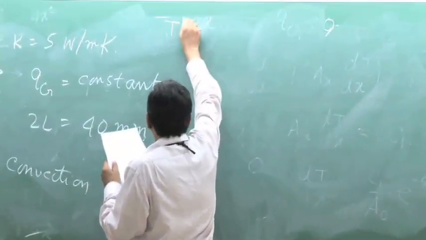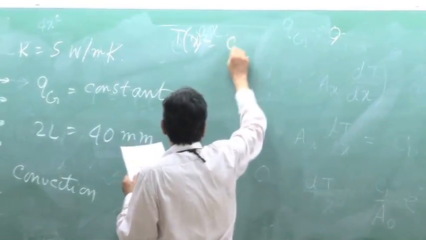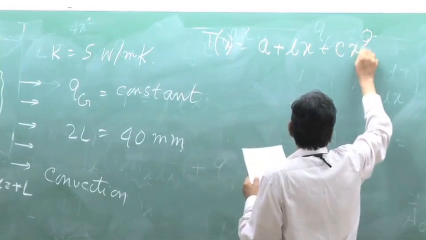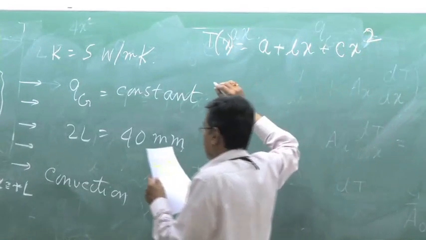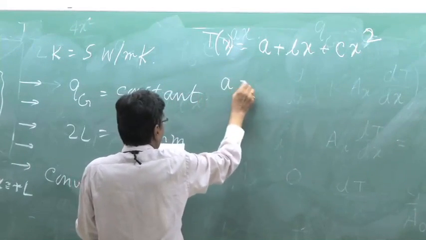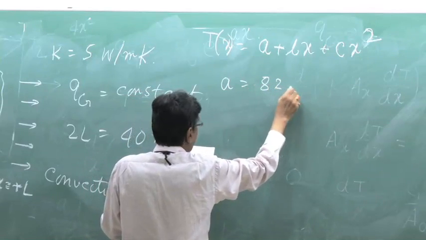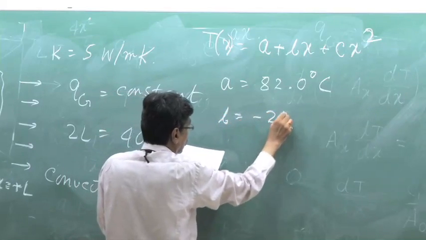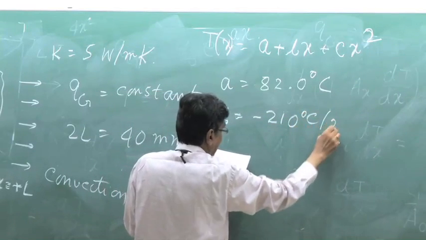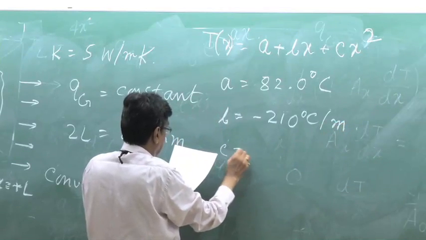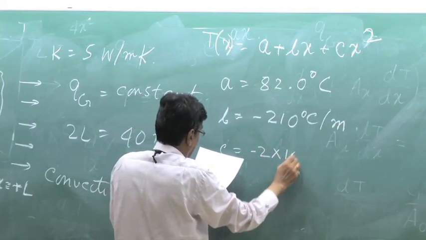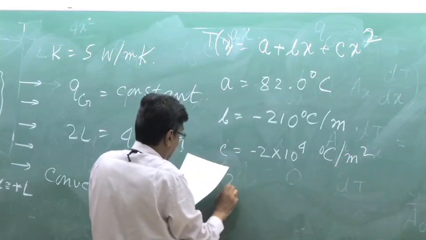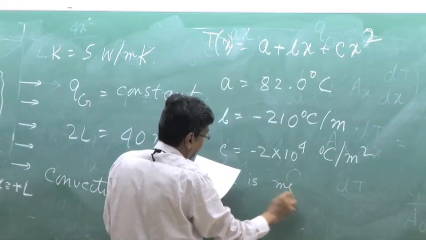The temperature distribution within the solid is A plus Bx plus Cx square, where A is 82.0 degrees Celsius, B is minus 210 degrees Celsius per meter, and C is minus 2 into 10 to the power 4 degrees Celsius per meter square. x is in meter.